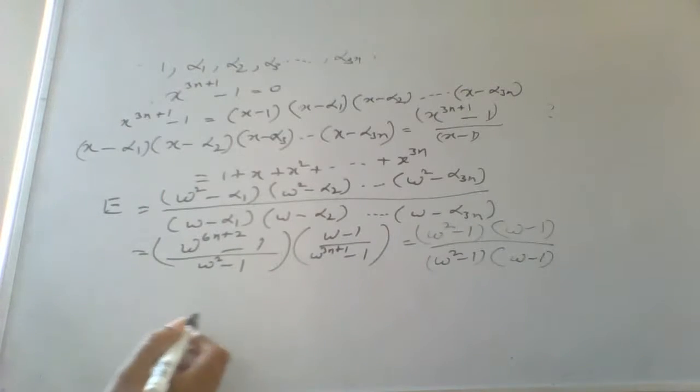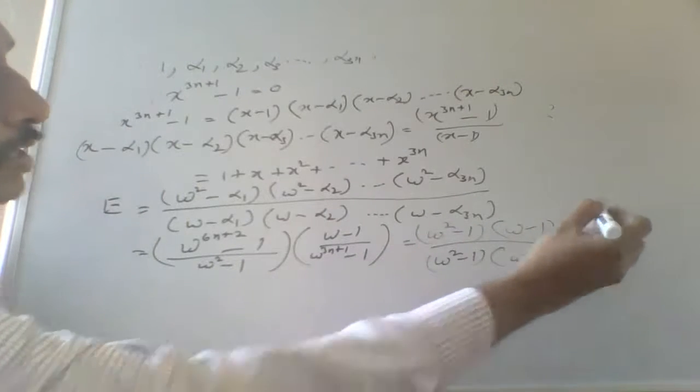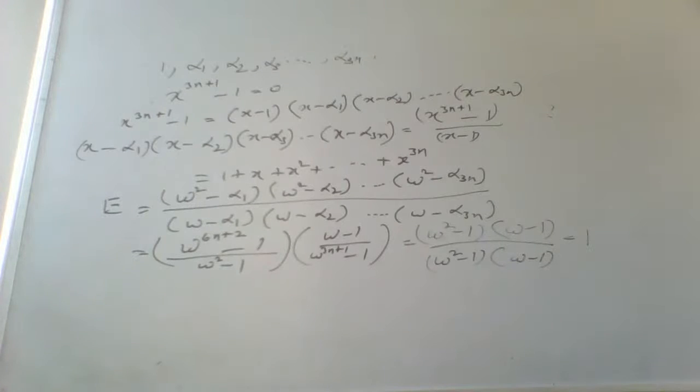So if I cancel this out, I get this as 1. The solution for that is 1 here. So I hope you understood this.